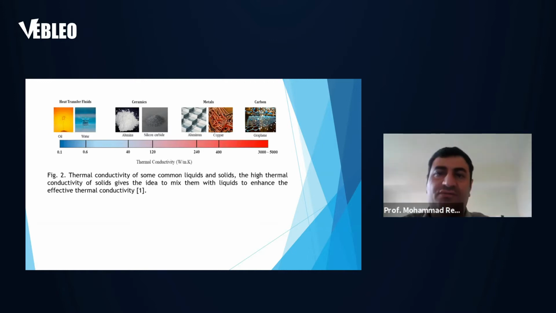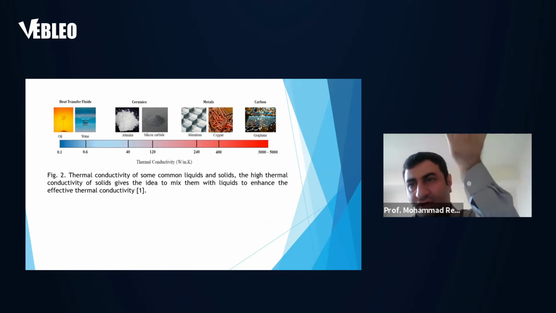This is the scientific wording we use in mechanical engineering. And this idea was proposed more than 130 years ago, that we slice this solid particle into small parts and add it with some physical or chemical method to the base fluid. Therefore, the thermal conductivity of the fluid goes up.